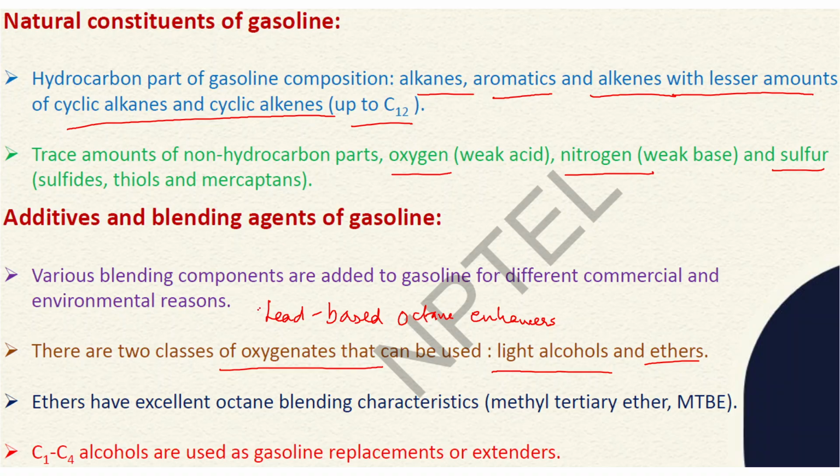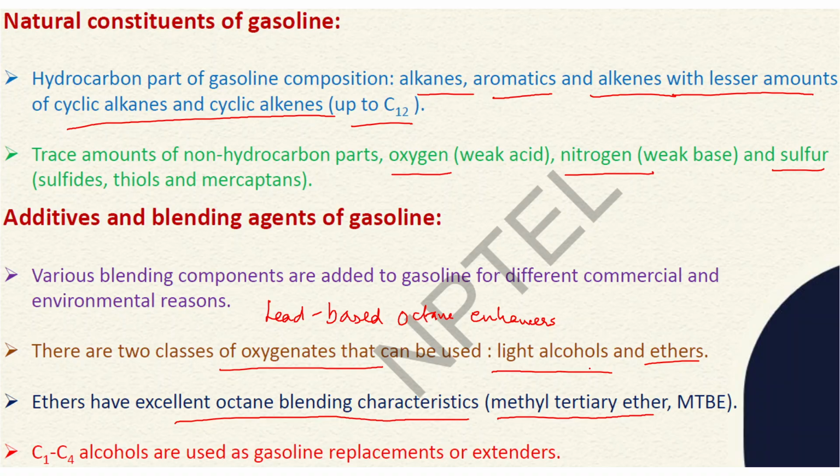To eliminate the lead-based toxicity in the gasoline, the ethers have excellent octane blending characteristics. These ethers, basically methyl tertiary butyl ether, are used as octane enhancers in the gasoline. And sometimes, to improve the volatility of gasoline, some amount of alcohol is also added.